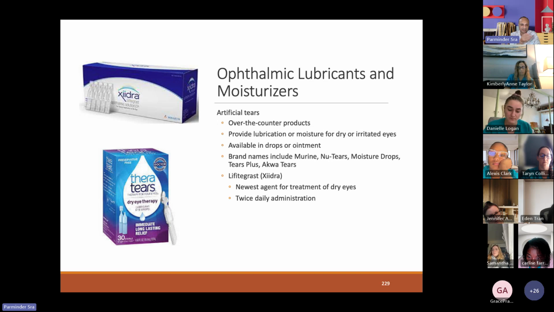They're experiencing this because of exposure to wind, smoke, dust, different reasons, but it can cause extreme dryness, and these drugs can provide comfort to the eyes by moisturizing the eyes.